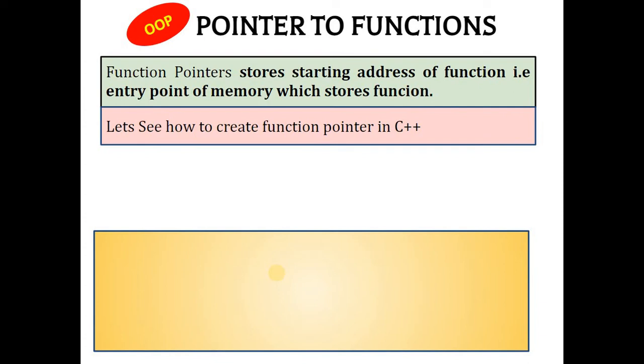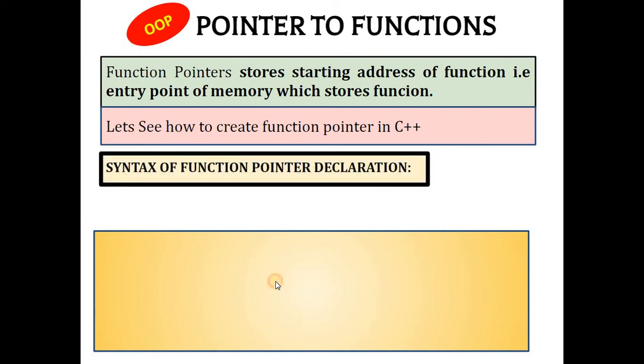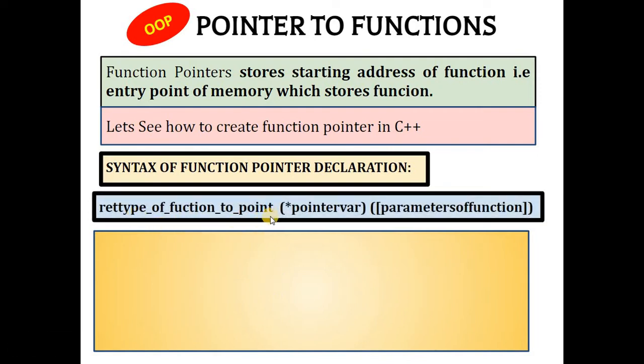So, how do we create a function pointer in C++? The syntax is as follows: the return type of the function to which you want to point, then inside brackets an asterisk and the pointer variable, and inside another parenthesis the parameters of the function.